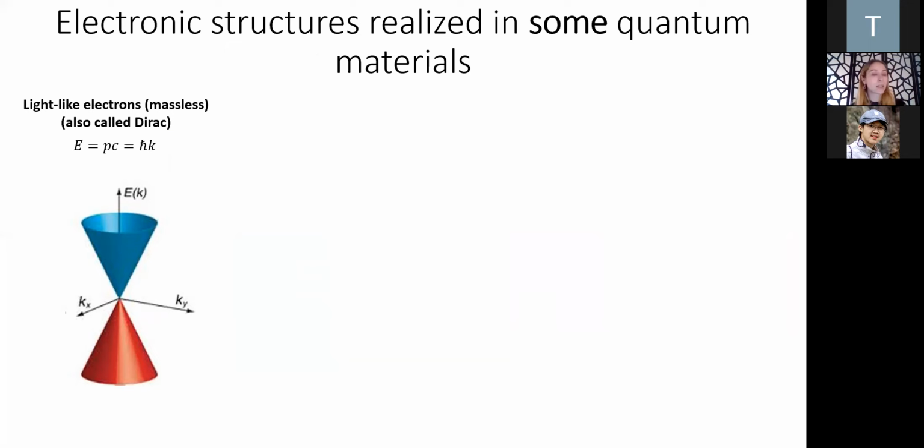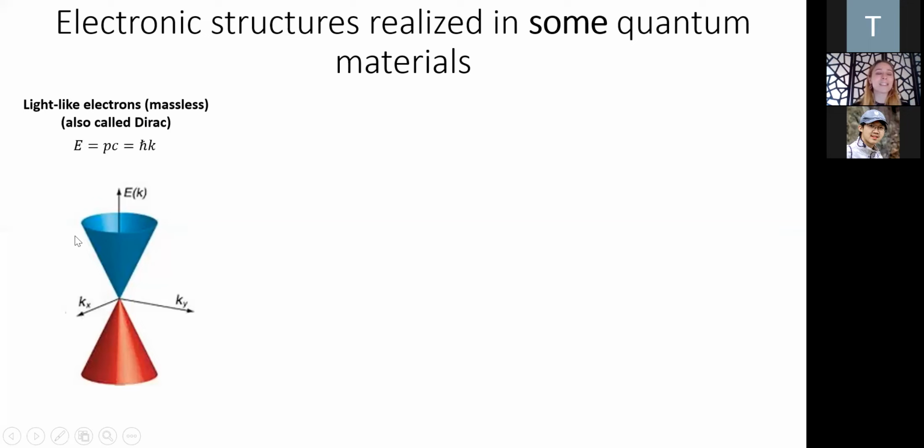One aspect that happens a lot is that at least some of the electrons behave light-like. For light, energy is equal to momentum times c, or writing it in terms of quantum mechanical momentum, h bar k. So sometimes in quantum materials, you can have electrons behaving like light.